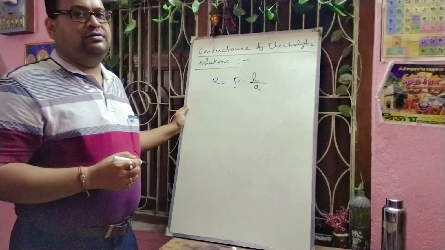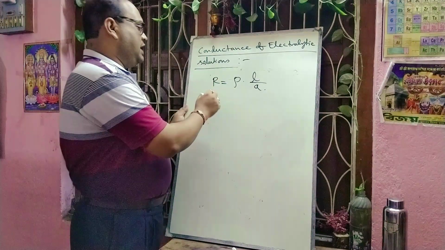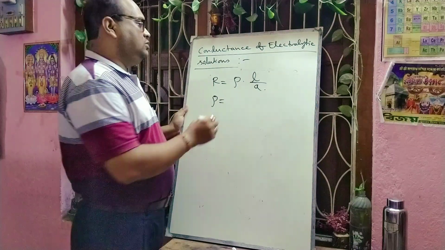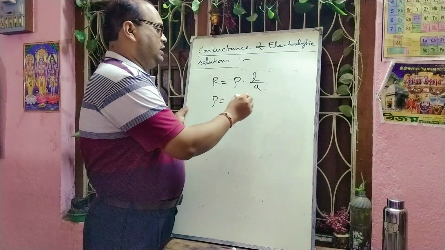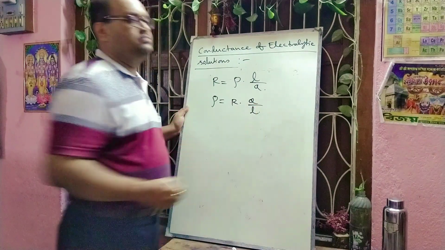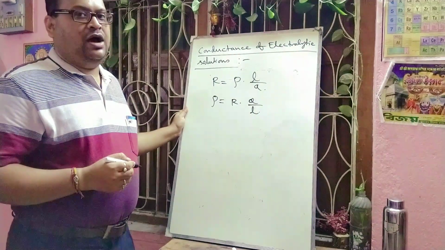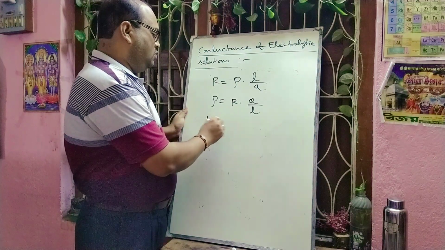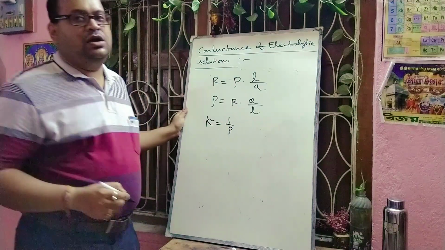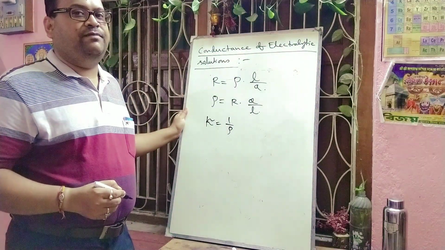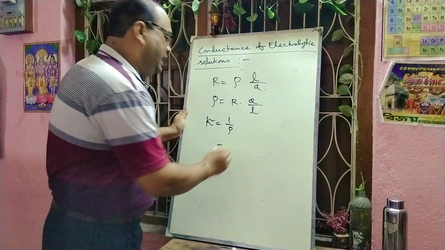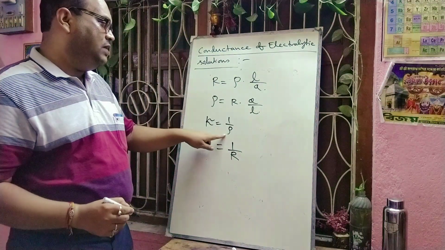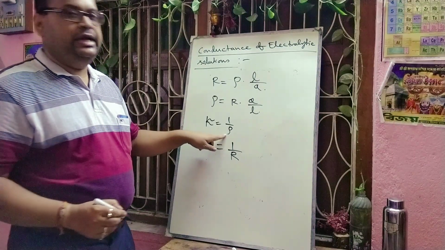Here rho is equal to R into A by L. Now we know that kappa is equal to 1 by rho. If we put the value of rho, we will get 1 by R into L by A.